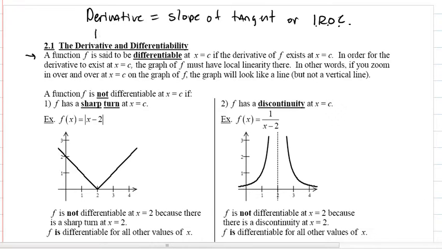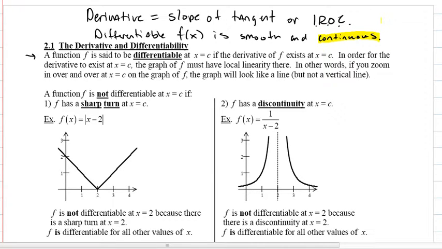A differentiable function is smooth and continuous. Okay, so we talked about continuity in the last unit.